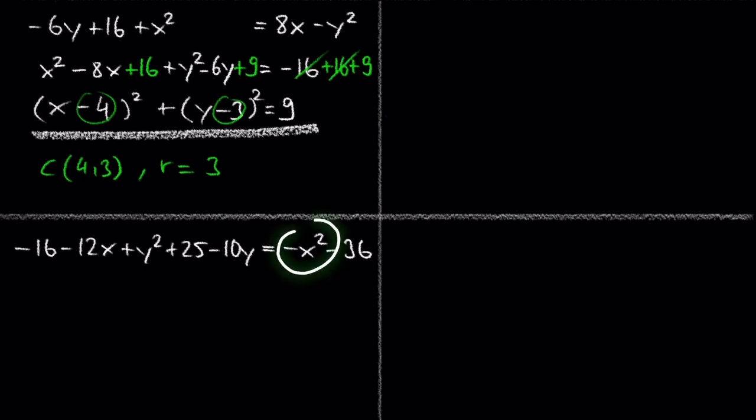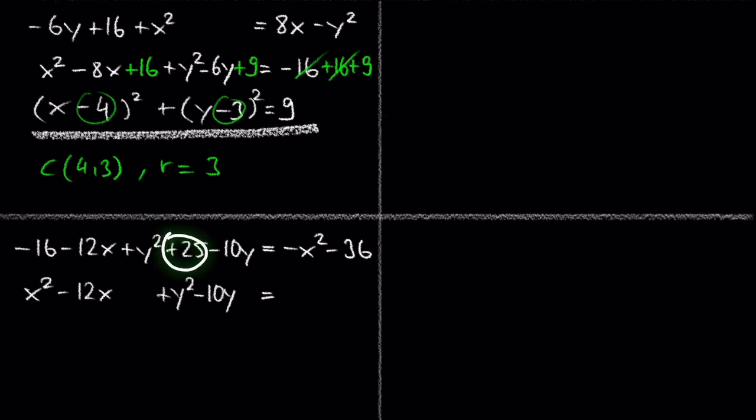Again, we start with x squared, then with x, then with y squared, and then with y. 25 minus 16 is 9, and negative 36 minus 9 is negative 45.